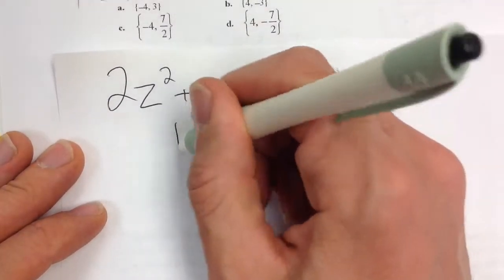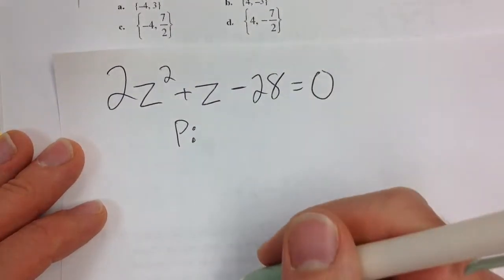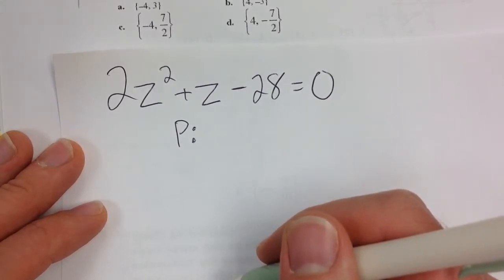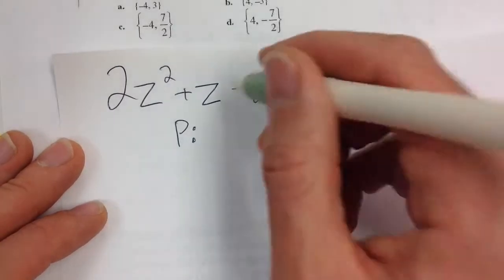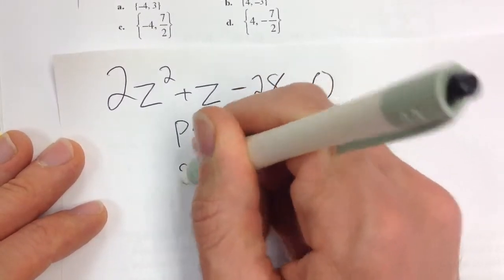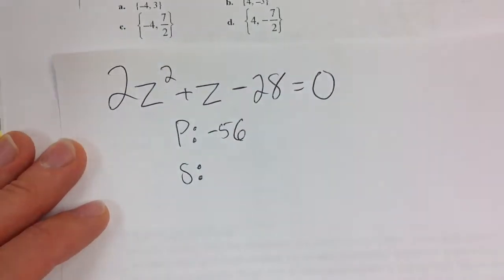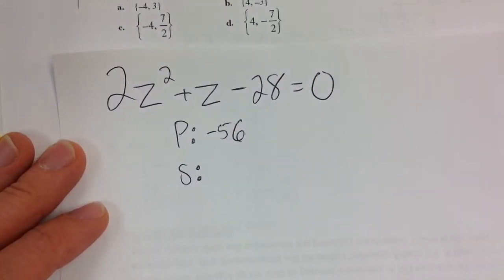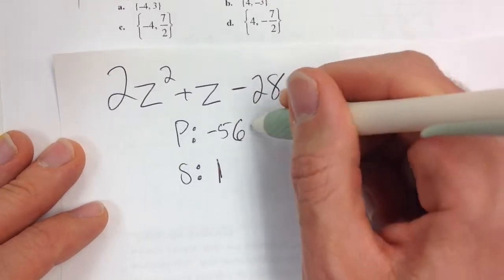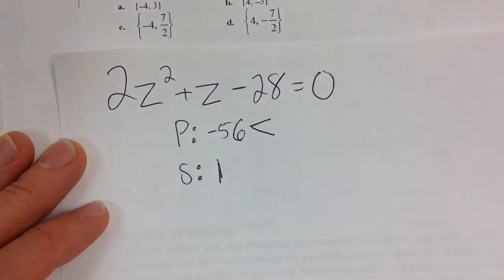Let's factor. What's the product? Negative 56. And the sum? 1. What two numbers multiply to be negative 56 and add to 1?